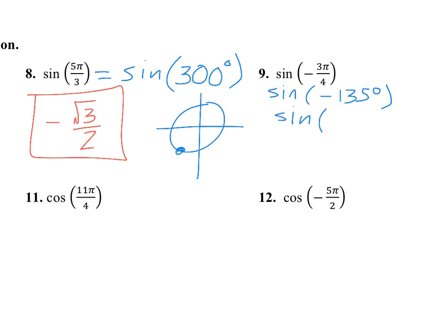So if you add 360 to that, what's 360 minus 135? That would be 225 degrees. So either way, you end up at this same spot. Anytime you're in the middle is rad 2 over 2. And in quadrant 3, the y is negative. So that's going to be negative radical 2 over 2.